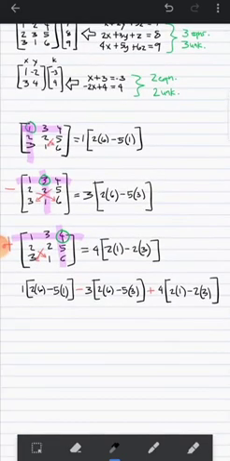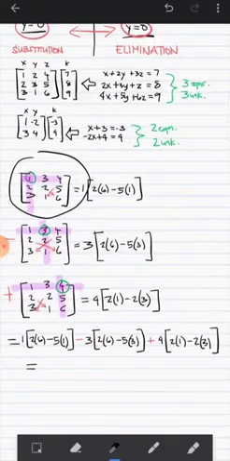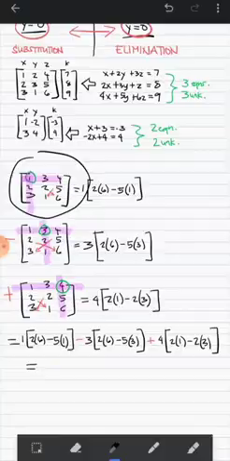So that's it. This matrix here is equal to this. And if you simplify that, you should get a number. So that's how we do a matrix.